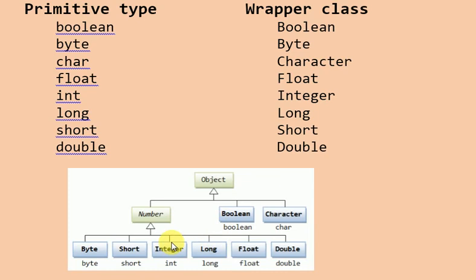So basically, Integer with capital I is an object and it encapsulates its primitive data type, which is int. And similarly, Double with capital D encapsulates its relevant primitive data type, which is double with small d.